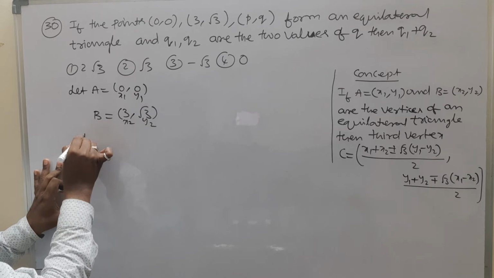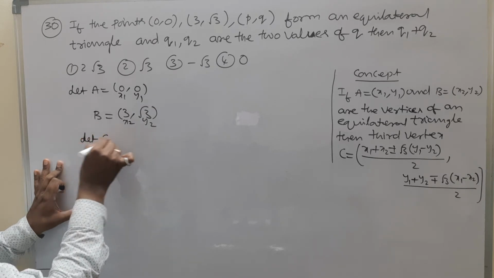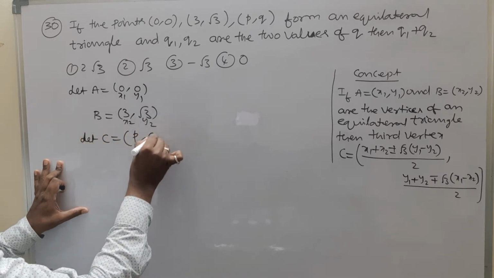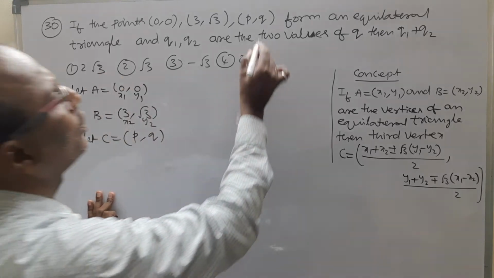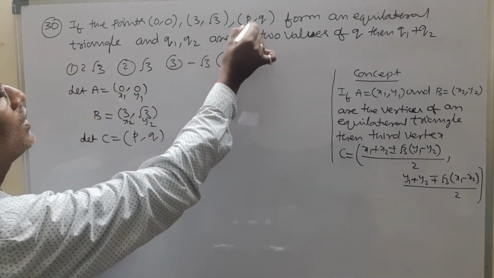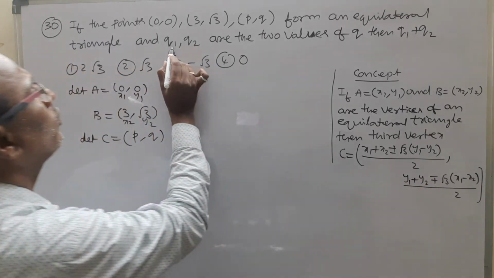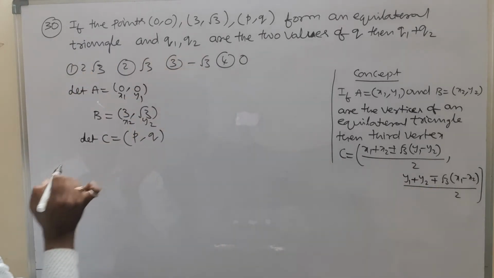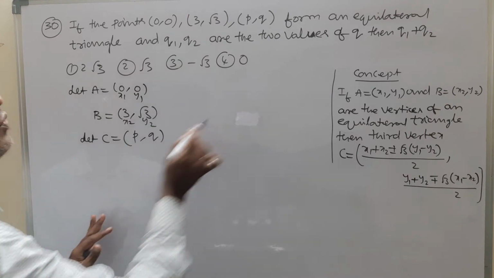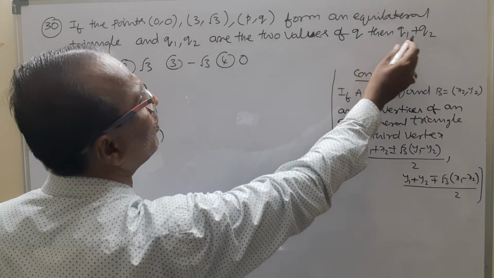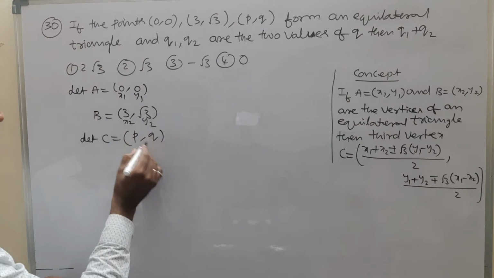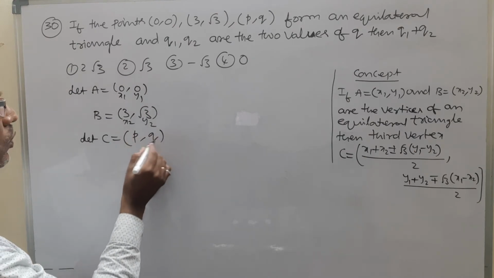Let C be (p, q). Here to find q, q is the y coordinate, so there are two y coordinates. One y coordinate is q1, the second is q2. To find q, we need the sum q1 plus q2, only the y coordinate.